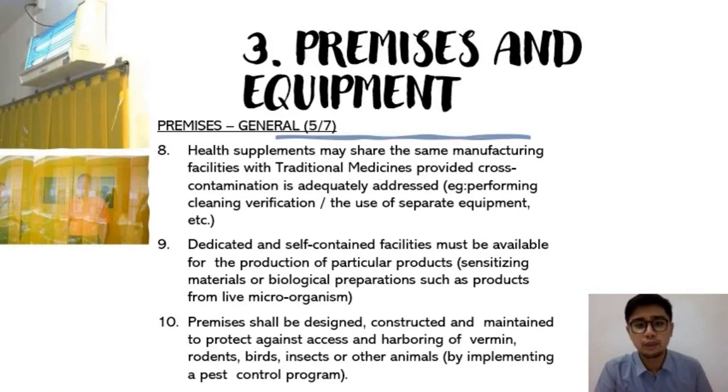What you can do to avoid that is by performing cleaning verification, use of separate equipment, line clearance, and so on. However, if the production involves the use of materials such as sensitizing substances or biological preparations, it must be separated. Then, a pest control program must be conducted with adequate frequency to protect against harboring of vermin, rodents, birds, and other animals in the premises.